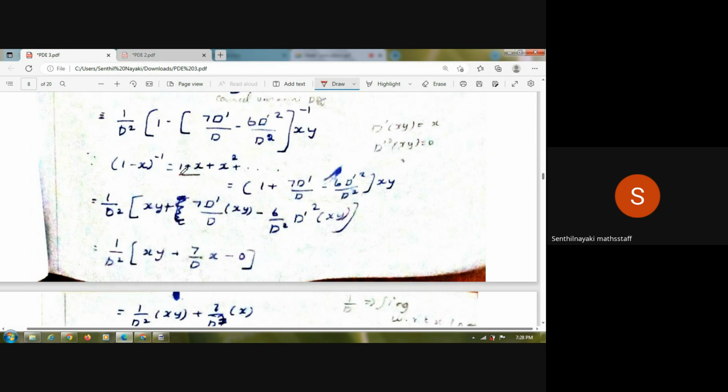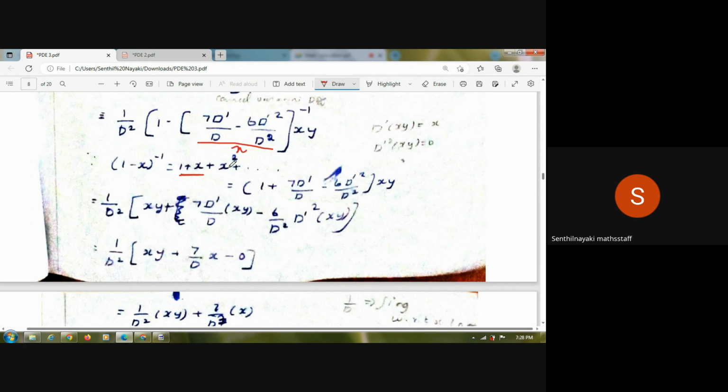In this expansion, only the first two terms are needed. So 1 plus 7d dash by d minus 6d dash square by d square; the full term becomes x, so 1 plus x is enough.